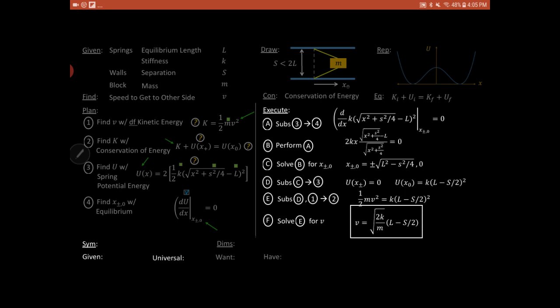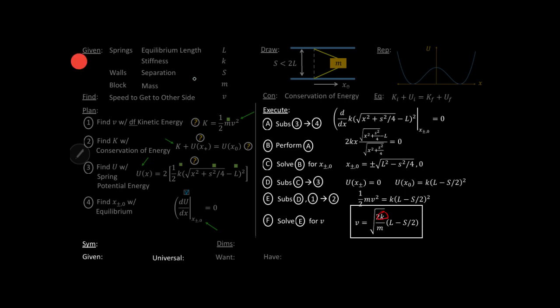Let's see. So we need the symbols. We've got K, which is right there, so K is a given. And we've got M. M is up here, so M is given. L is given, and S is given. So all we're doing is making sure that the symbols in this part of the problem are things we know. There are two ways we can know them. One is they're given up here.